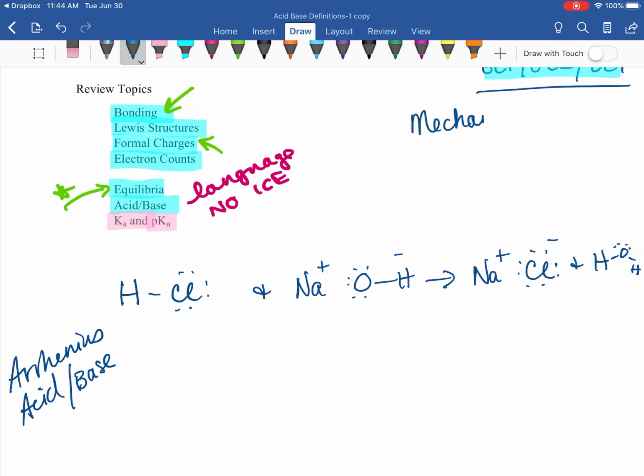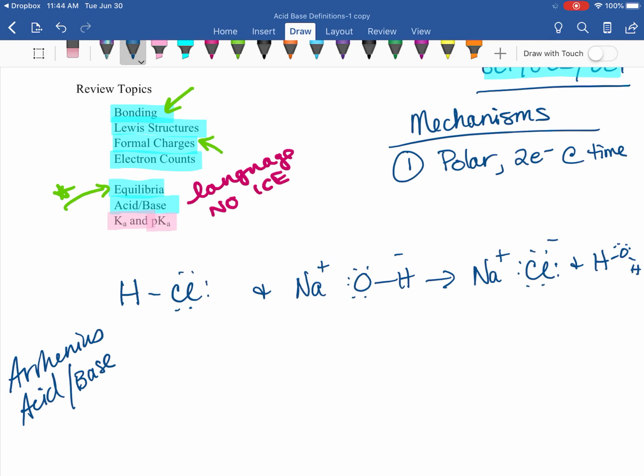In this course, we will have 3 different types of mechanisms. Our acid-base reactions are the first type, and those are called polar, meaning we're going to move 2 electrons at a time. In our next unit, we will see the other 2, and that is radical. You guessed it, that is 1 electron at a time. And then finally, organometallic.